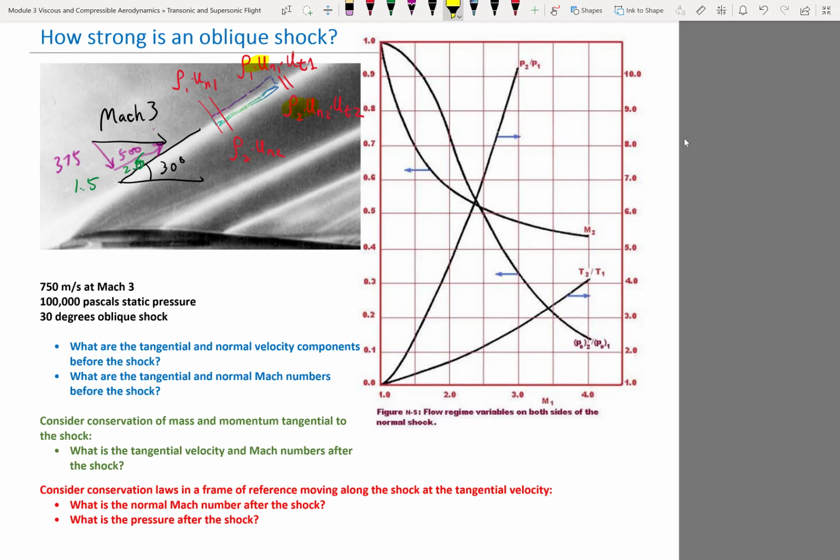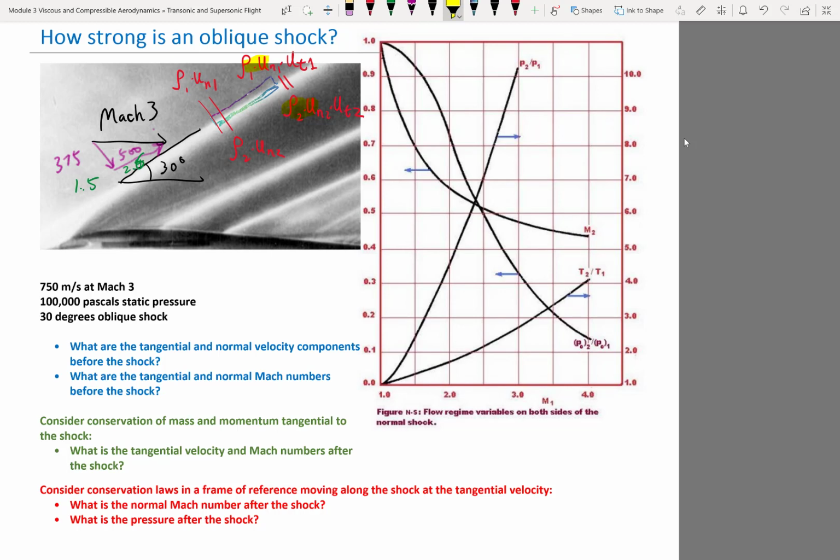Oh, sorry. Upstream we have 100,000 pascals static pressure, right? And downstream, this is the Mach 1.5 normal shock, right? Downstream, this is P2 over P1. It's about 2.5, right?